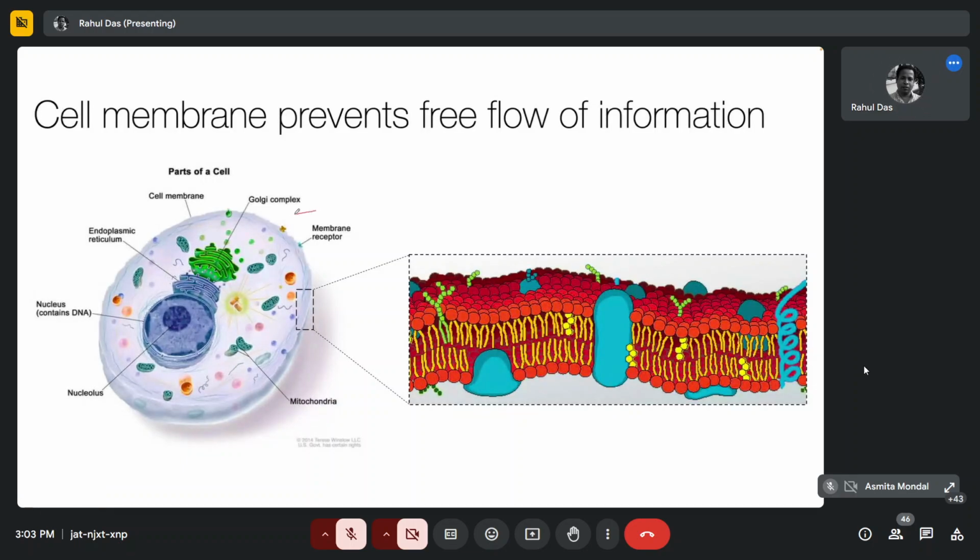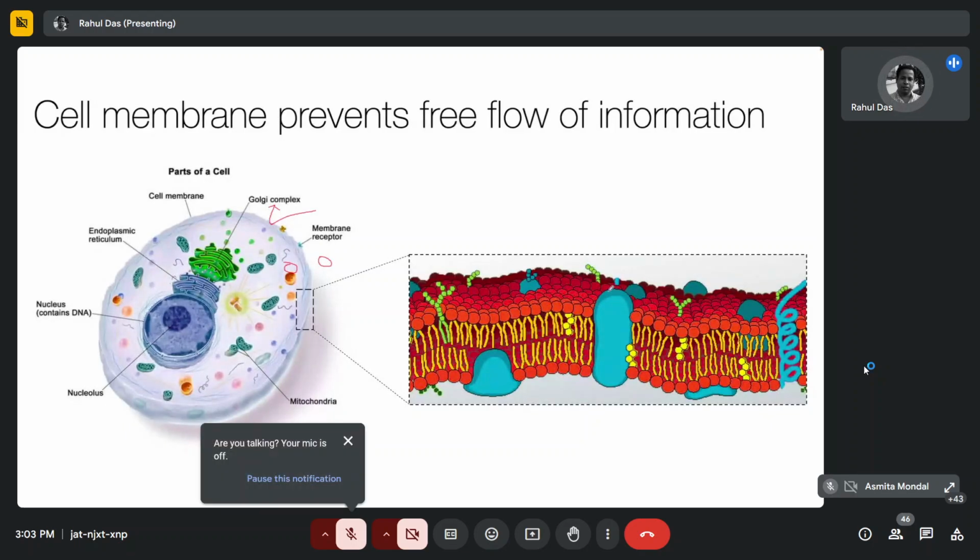Nothing can go through, and everything bounces back. So to transfer information from this side of the membrane to this side, you need receptors or some protein structure decorated on the membrane. In a nutshell, the membrane acts as a barrier to the flow of information from the environment outside the membrane, which is extracellular, to the inside of the membrane, which is intracellular.